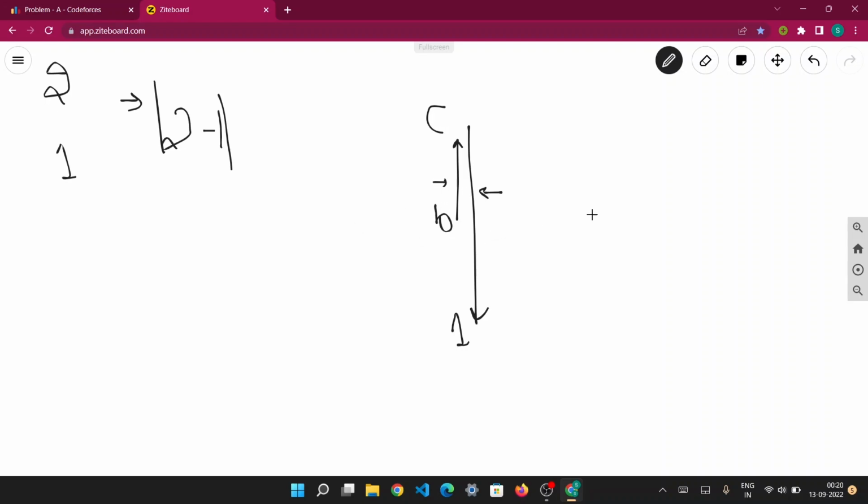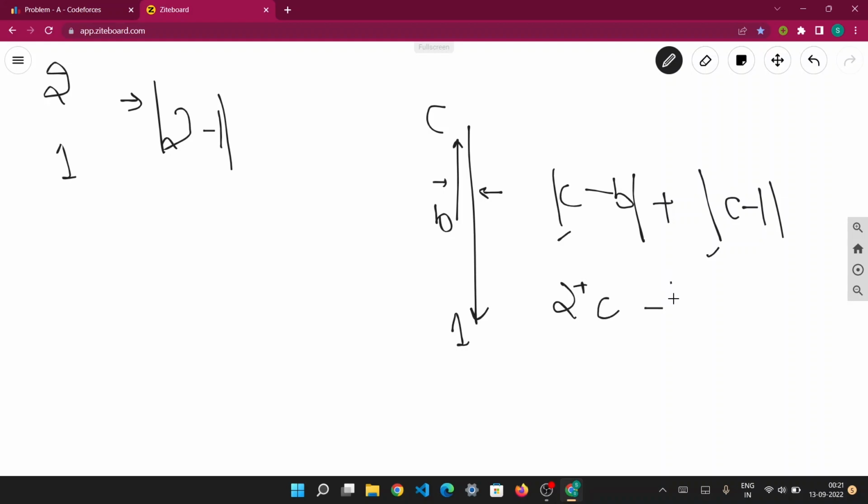The first journey takes |C - B| + |C - 1|, right? Since C is above 1 and above B, we can remove the mods, and we can write it as 2C - B - 1. So this is the case when C is greater than or equal to B.